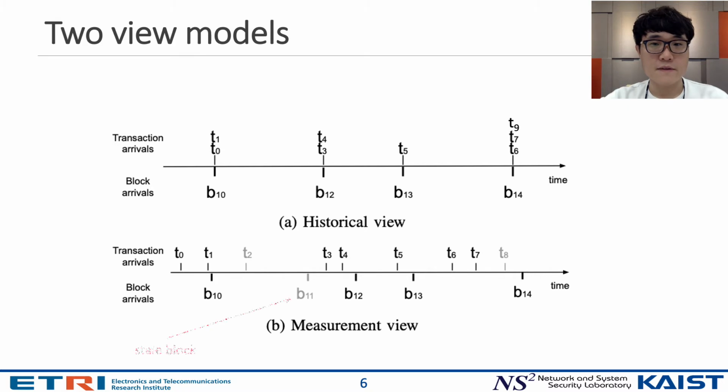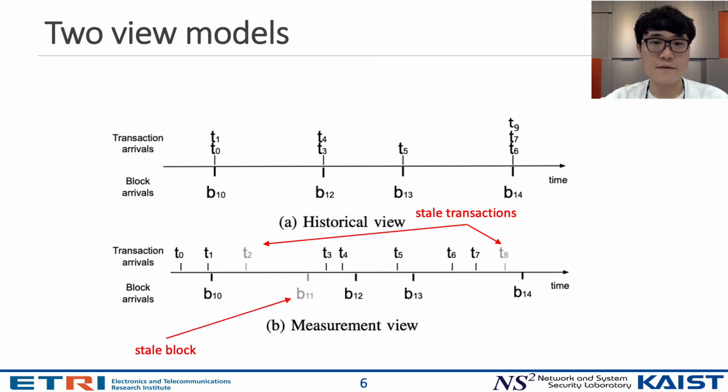First, there can be stale blocks that are produced and disseminated but not included in the canonical chain. The gray colored events represent arrival events that are not observable in historical view. There are also stale transactions that are exchanged in the network but not included in a block.